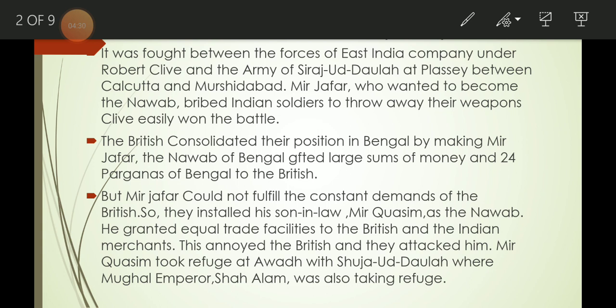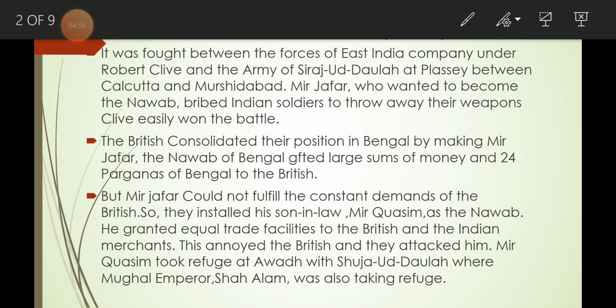He gifted a large sum of money and 24 parganas of Bengal to the British.